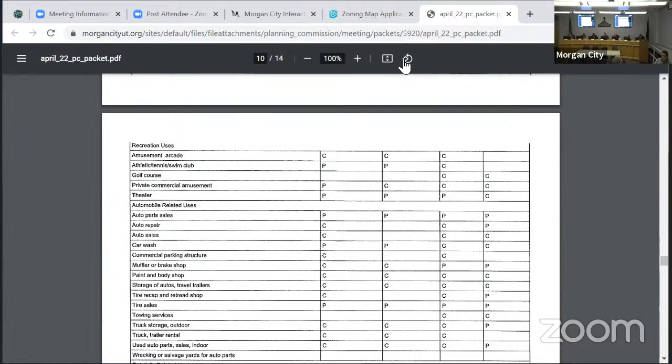Along those same lines, auto repair and muffler or brake shop and paint and body shop, are they that different? At least auto repair and muffler and brake shop. I mean, a lot of times auto does multiple things. So those might be opportunities to consolidate.